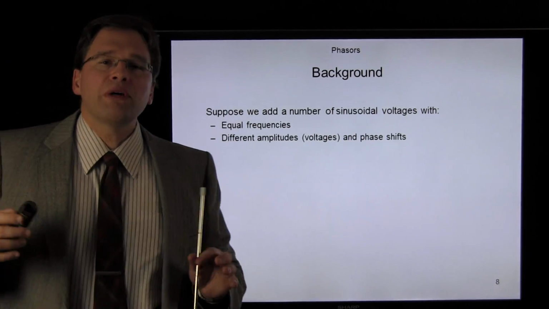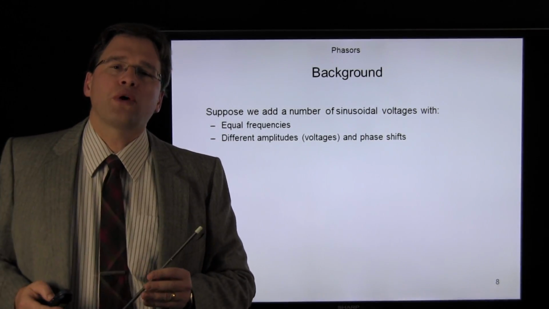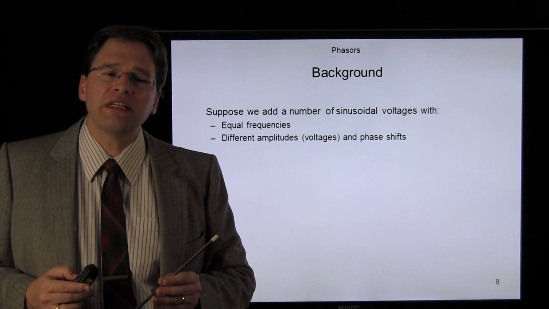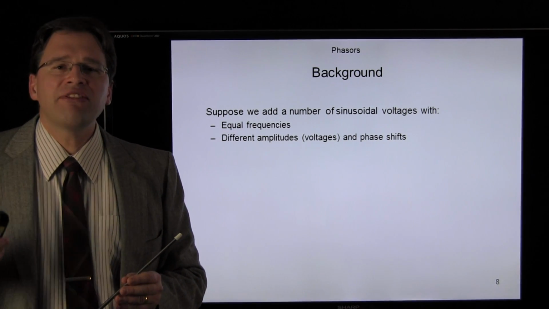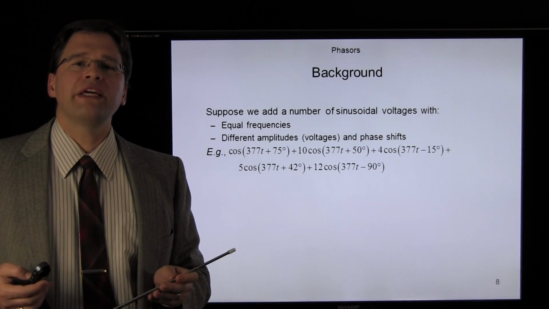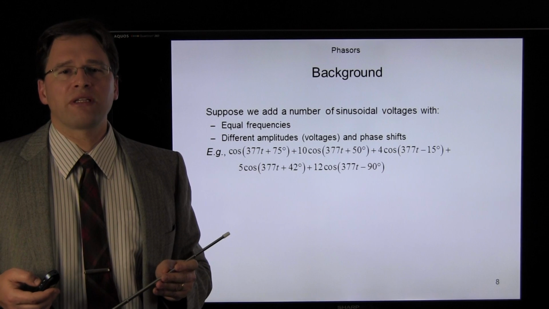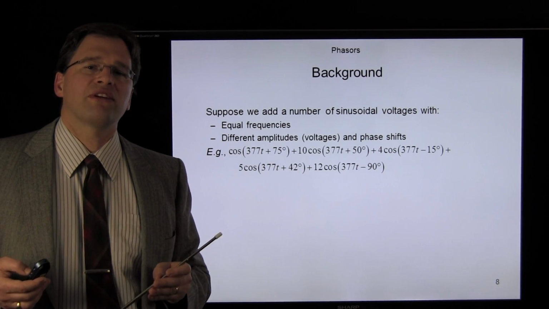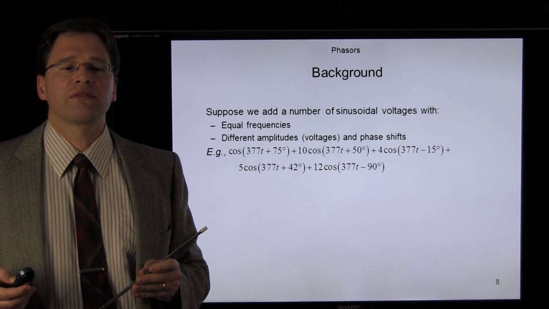Now, suppose that we want to add a whole bunch of sinusoids, all of which have the same angular frequency, but where they may have different amplitudes and different phase shifts. For example, here's a sum of 5 trigonometric functions, all with different amplitudes and phase shifts.